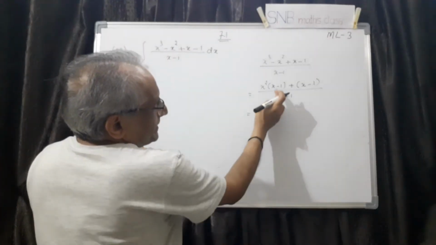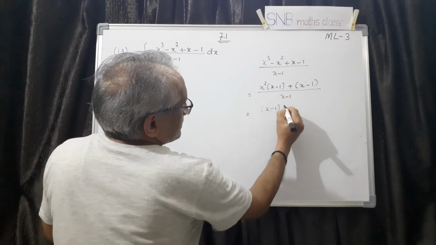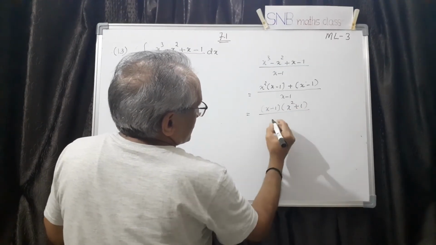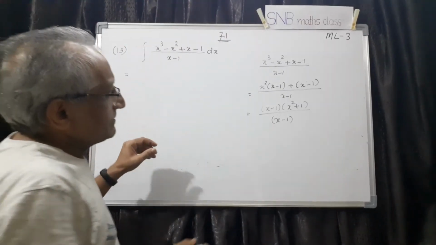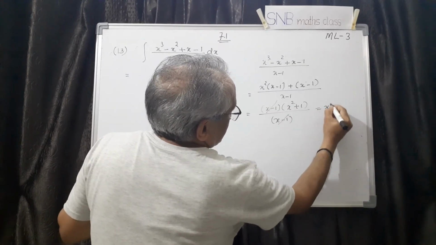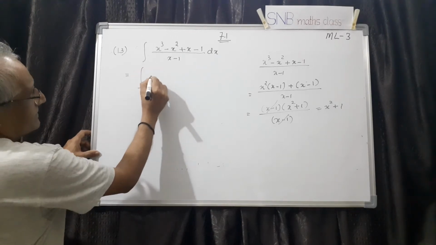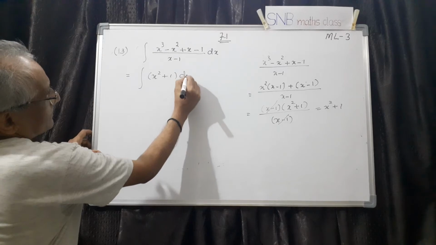So now, if you take x minus 1 common, what remains is x square plus 1 divided by x minus 1. So the whole function integrand becomes, you can cancel x minus 1, it is simply x square plus 1. Therefore, I can write this as x square plus 1 then dx, that's all.